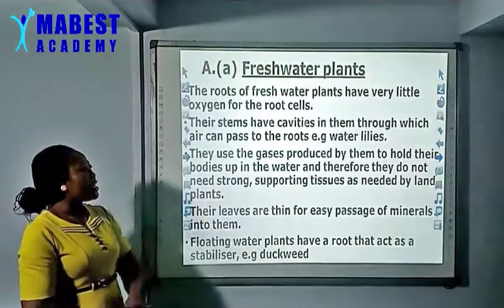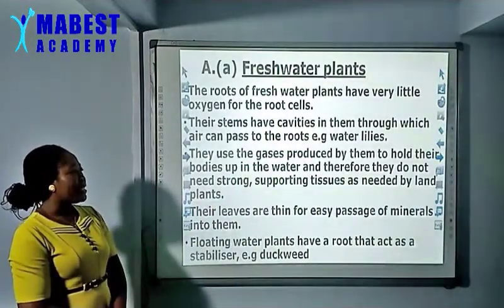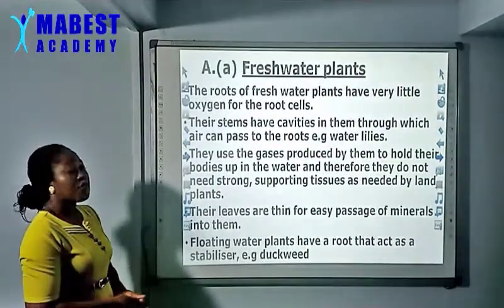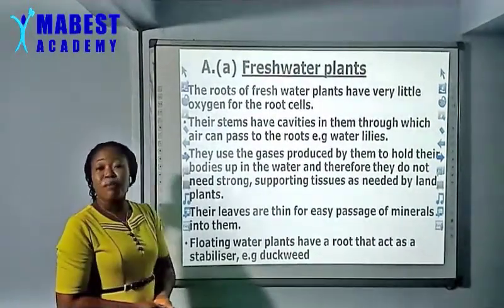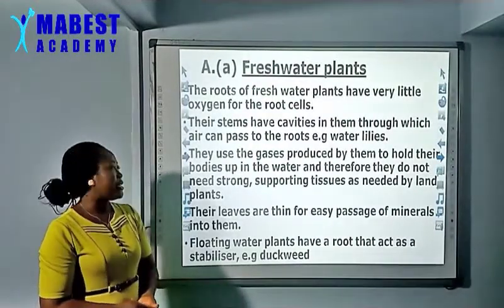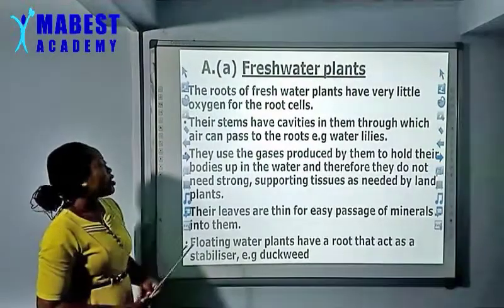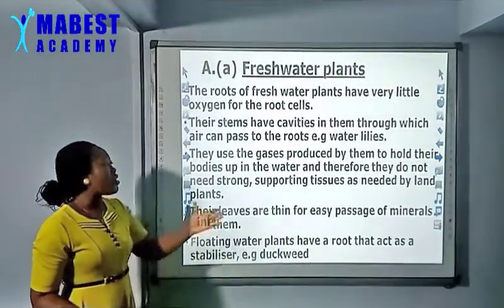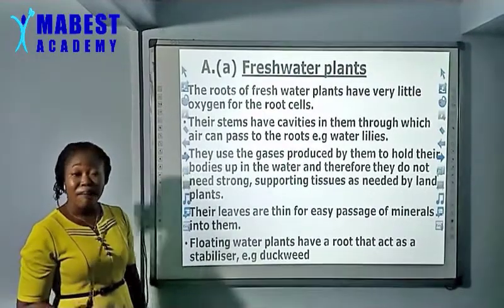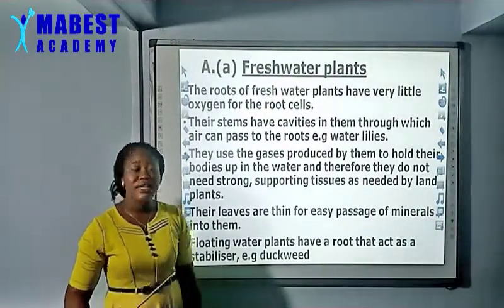They have gases produced by them, which help them to float on the surface of water. That is what we refer to as buoyancy. Buoyancy. Everybody say buoyancy. Right. Yes. Now, so they do not need strong supporting tissues as needed by plants that are found on the land.